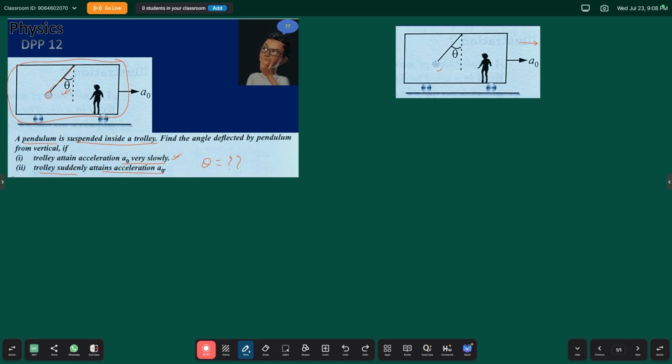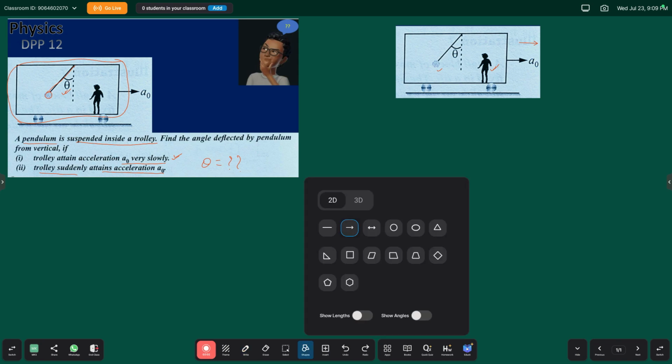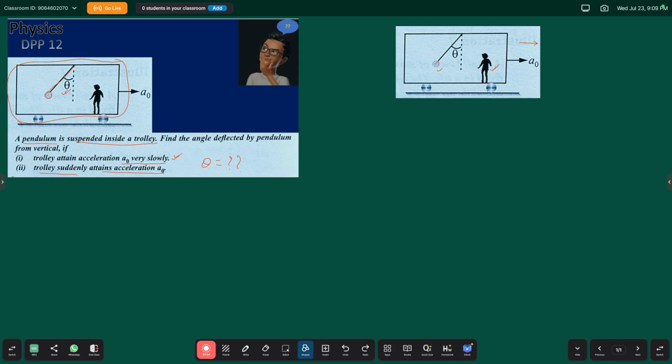So which forces are acting on the bob? When you are looking at it from inside the trolley, like this boy is looking into this, one force is the tension force in the thread. The other force is the gravitational force.